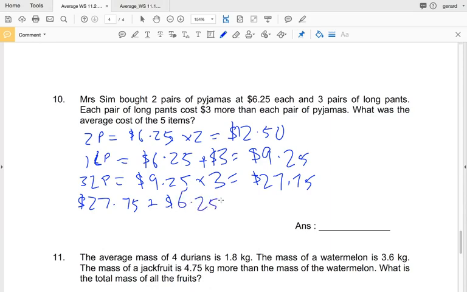Sorry. Oopsie, that's only for 1 long pants. Erase this. Okay, go back. So plus $12.50.